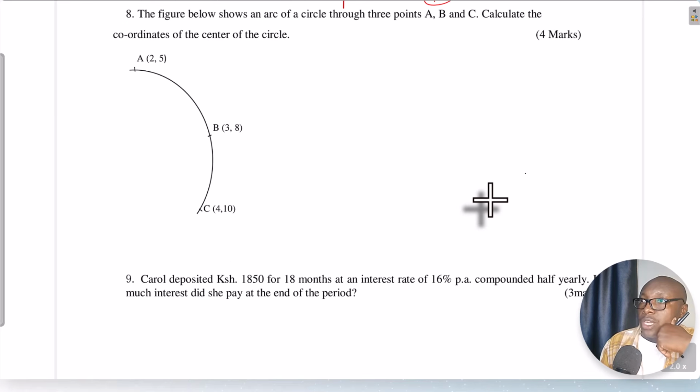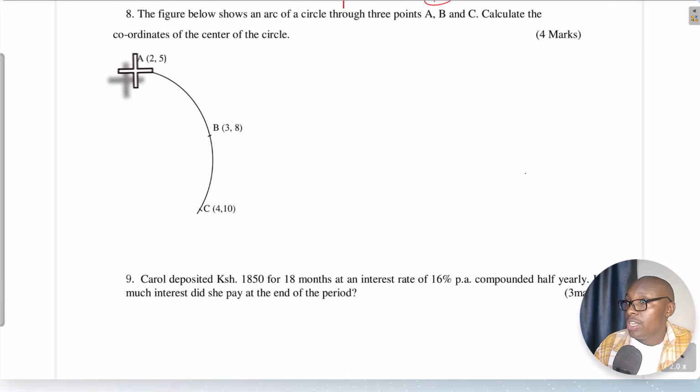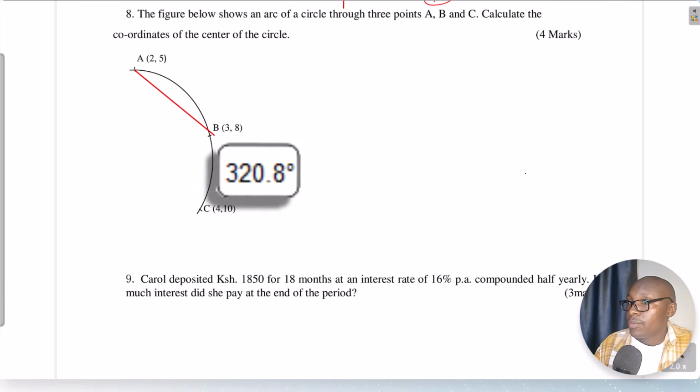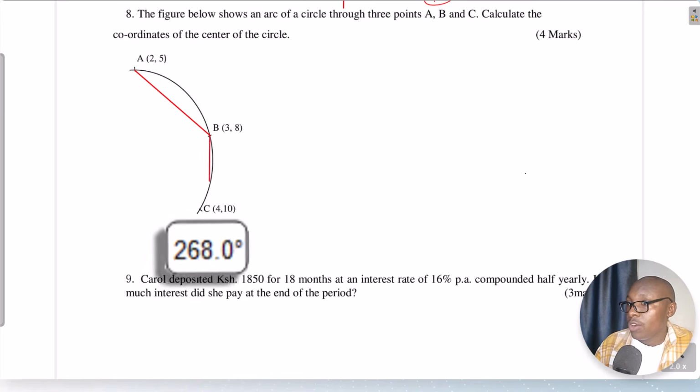The figure below shows an arc of a circle through 3 points, A, B, and C. Calculate the coordinates of the center of the circle. Now, the property that is going to help you here is, if this is an arc of the circle, when you draw any two chords that touch two points of the circumference, like here, you'll have a chord, and then we also have another chord here.